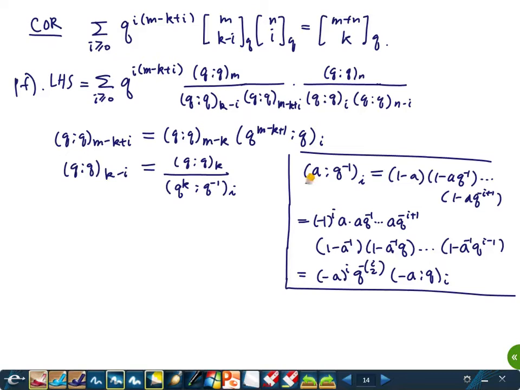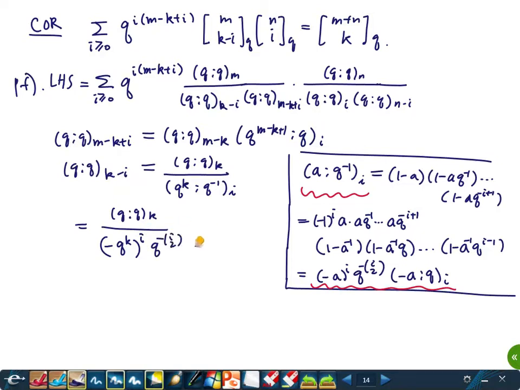You can just remember this thing, and then this part is what? Minus A, so minus Q to the K raised to I, Q to the minus I choose 2, minus Q to the K, QI. Just like that. All right?